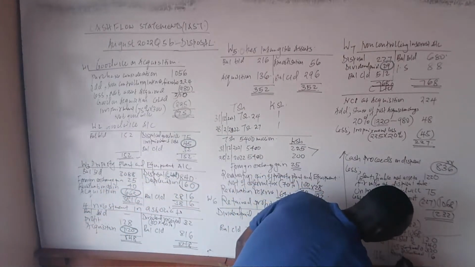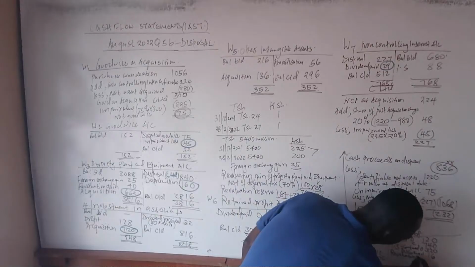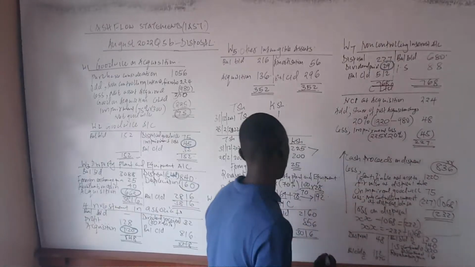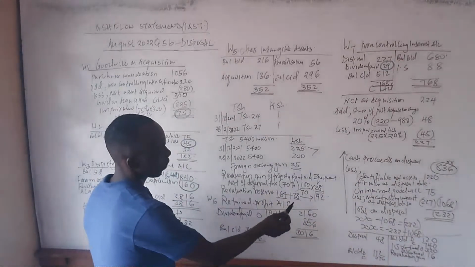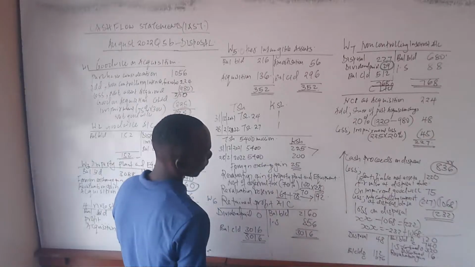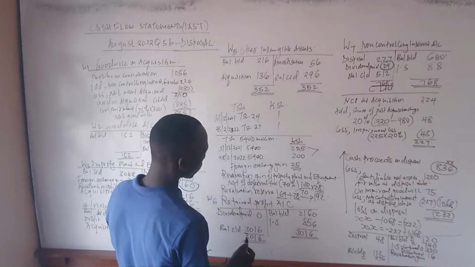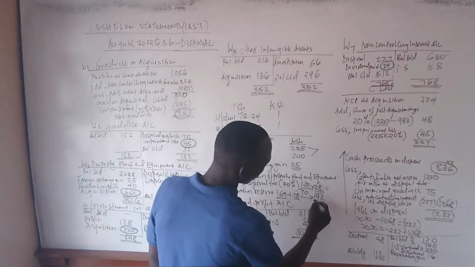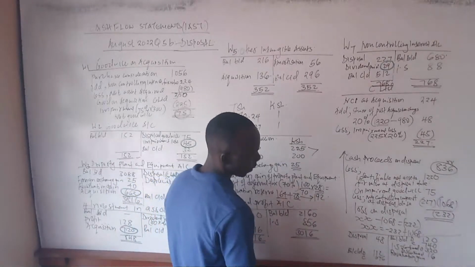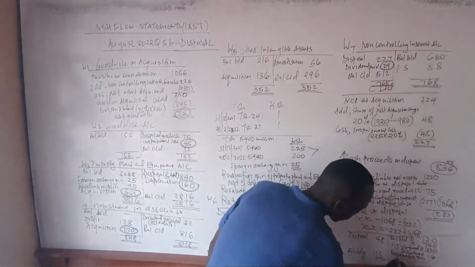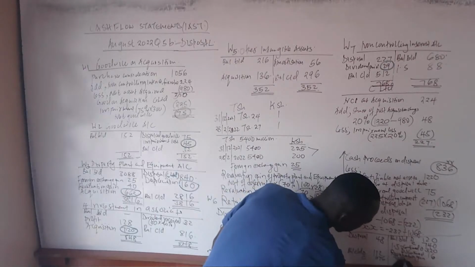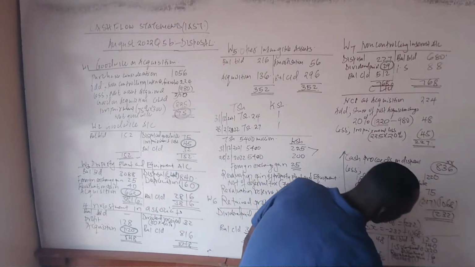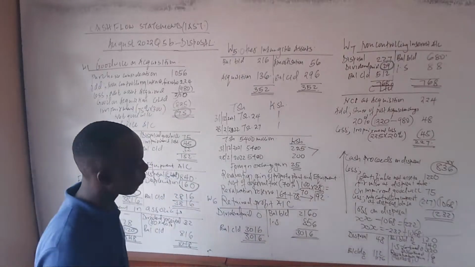Net of deferred revaluation gain, this was 28, and the total amount was 40. Therefore, give me that difference: 12. The revaluation here, we should have said 40 times 30%, which will give us 12.